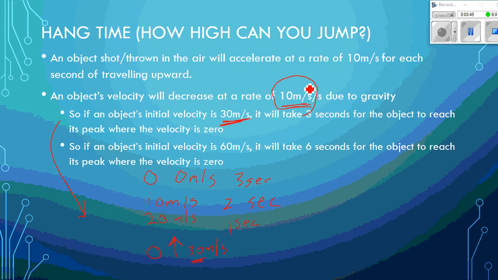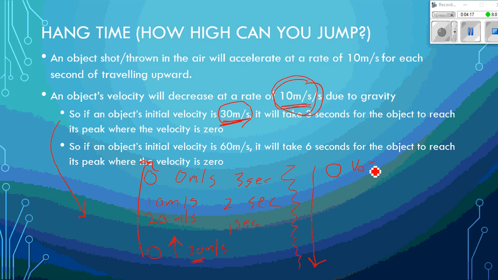Now we're using 10 for gravity just to make this math a little bit more understandable, and we use it in physics, AP Physics 2, because the important part is that you understand what acceleration due to gravity is doing. On the other hand, if you start a ball up on top, your initial velocity is 0. This ball is going up, and this is it going back down.